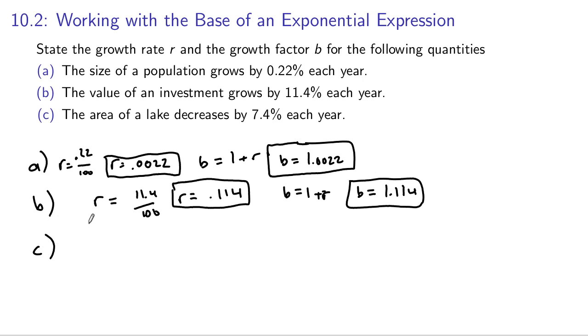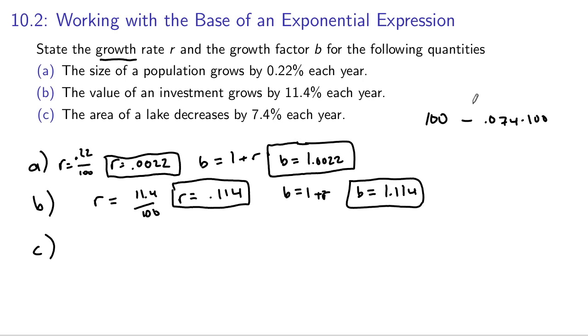Part C, the area of a lake decreases by 7.4% each year. Remember, this is growth rate, not decay rate. So here in English we've been given a decay rate. It's decreasing 7.4% each year. In other words, if the area was 100 when we start, after 1 year we could subtract 0.074 times 100 to get our decay.